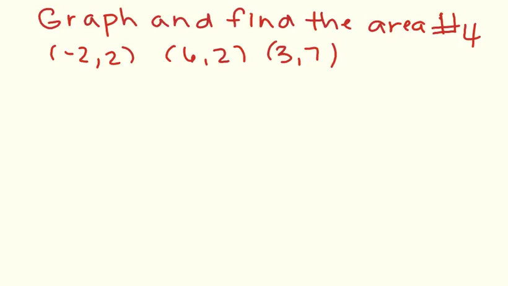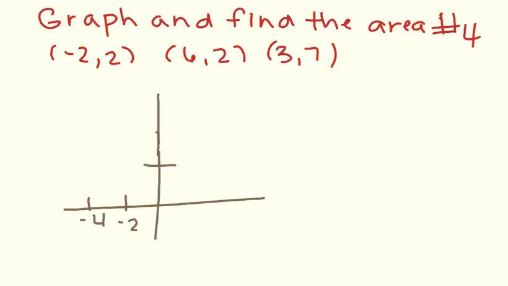Okay, let's draw ourselves a nice little coordinate plane. We're going to actually need it to look a little different, so let's erase this one. Okay, so we're going to do our little coordinate plane. We're going to put it more down here. Alright, so let's coordinate off some spots. This will be -2 and -4. Up here is +2, +4.